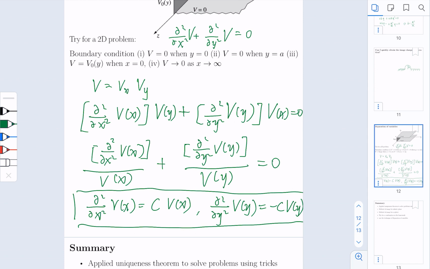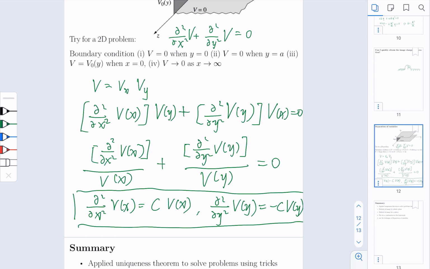For one, we are only working in the x coordinate, and for the other, we are only working in the y coordinate. We can use everything that we learned in ordinary differential equations to help us solve v of x, and we can use the same idea to solve for v of y. Then in the last step we combine the two solutions, and that will give us some possible solutions.